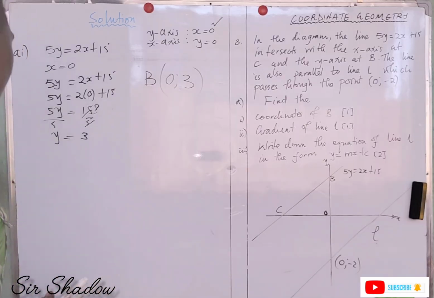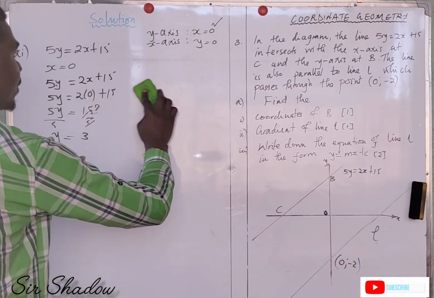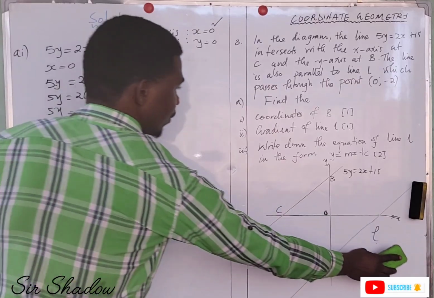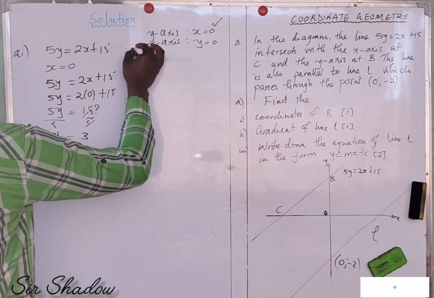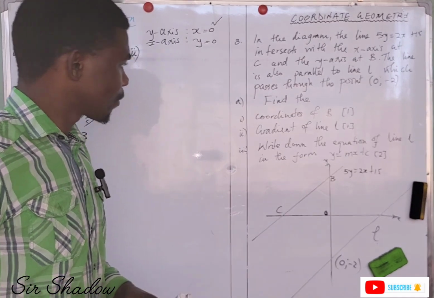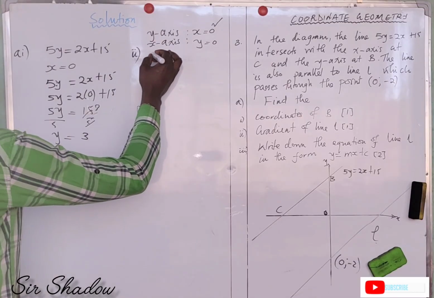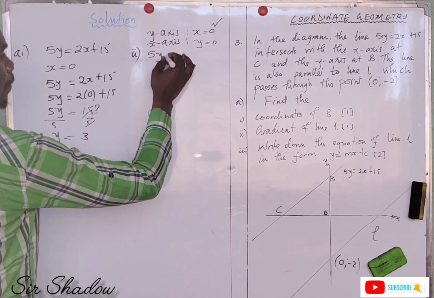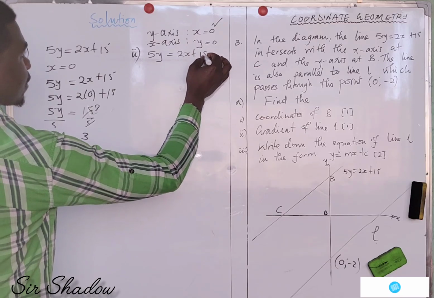All right. So let me wrap up here. We are moving on to item 2. Since parallel lines have the same gradient, let's write this line and find its gradient: 5y equals 2x plus 15.